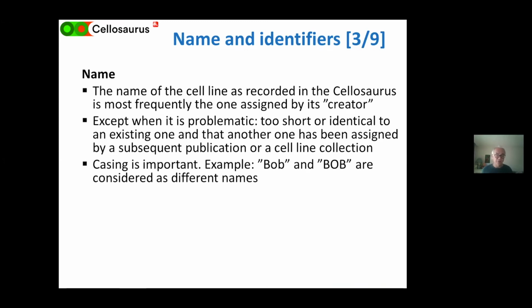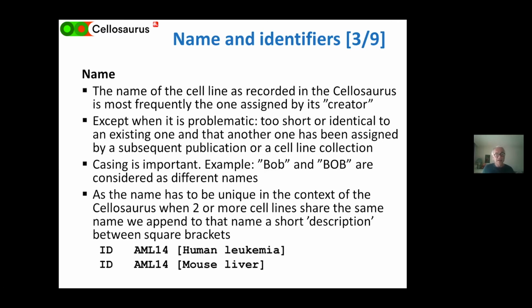Casing can be important for cell lines. Here are two cell lines, Bob and BOB. What's the difference? They are different cell lines. Now, as I said, the name has to be unique in the context of Cellosaurus. So when two or more cell lines share the same name and we cannot change it because nobody has published another name for one of those cell lines, we append to those names a short description of the cell lines.